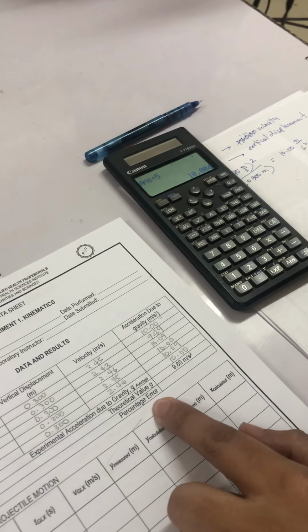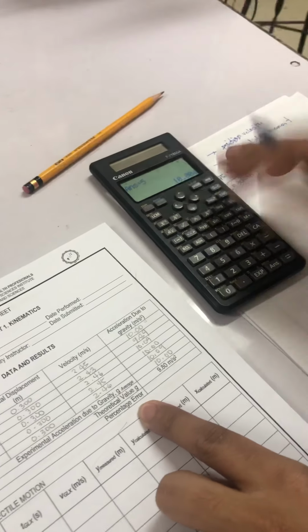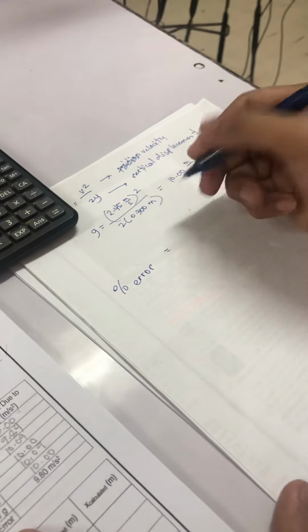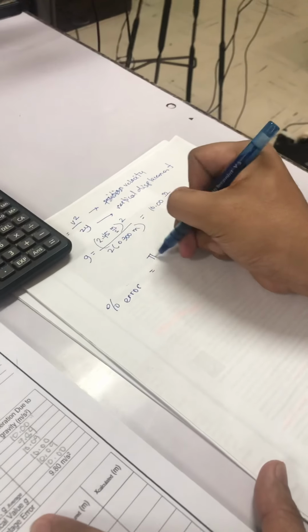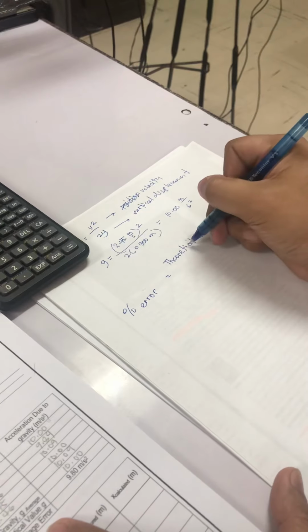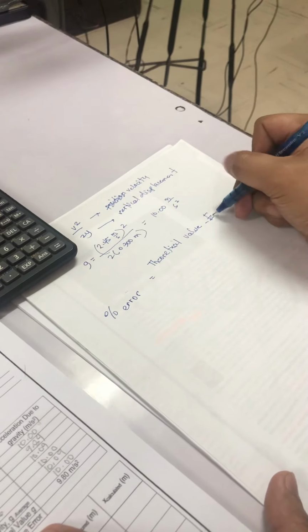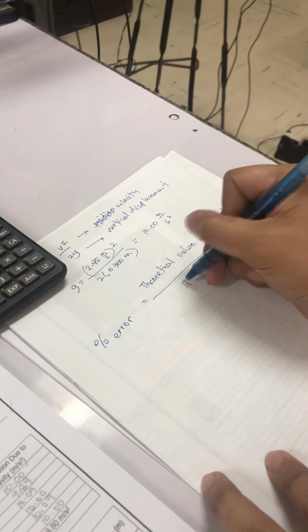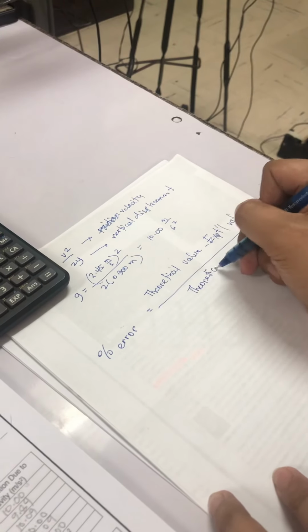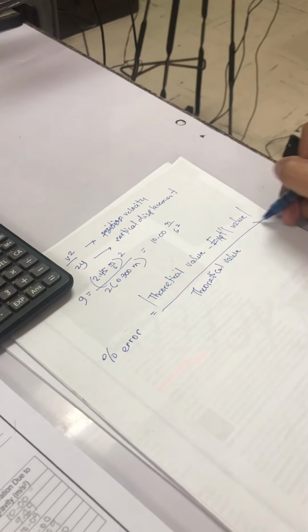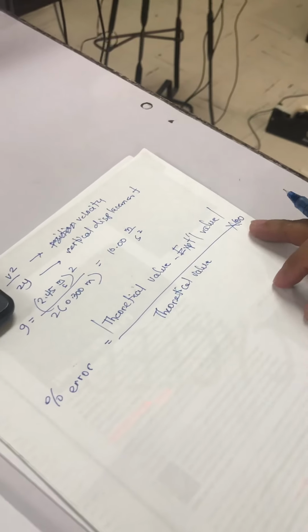Okay, let's compute for the percent error. This is the formula for the percent error: theoretical value minus experimental value, all over the theoretical value, multiplied by 100 to get the percent error.